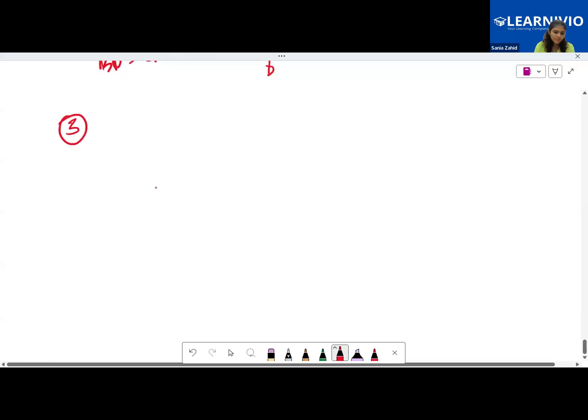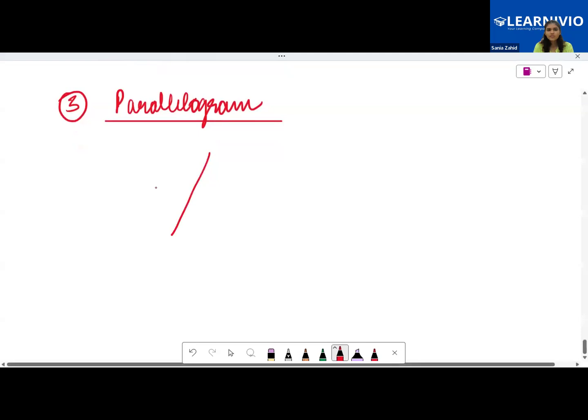Next we have a parallelogram. What happens in a parallelogram is that all the opposite sides are parallel to each other.